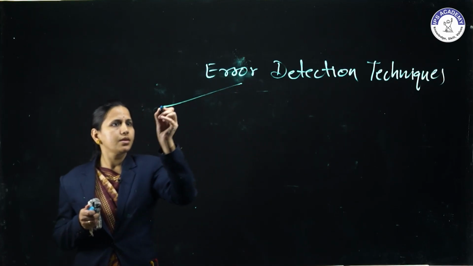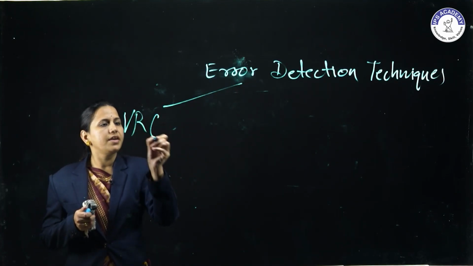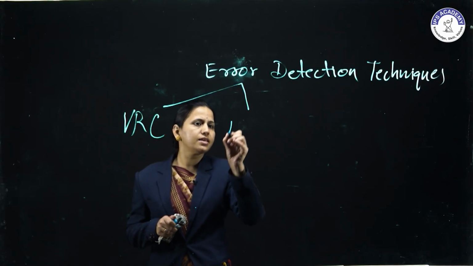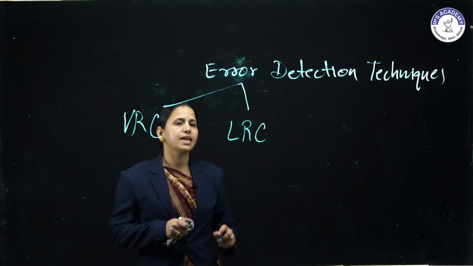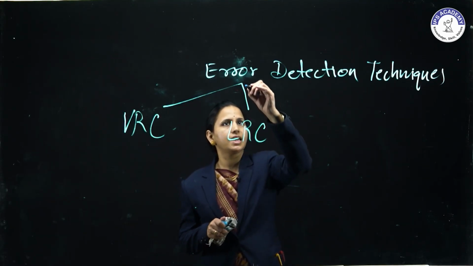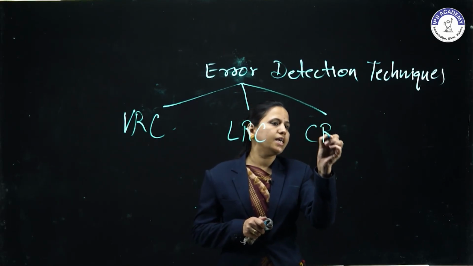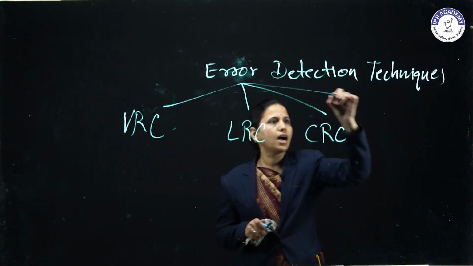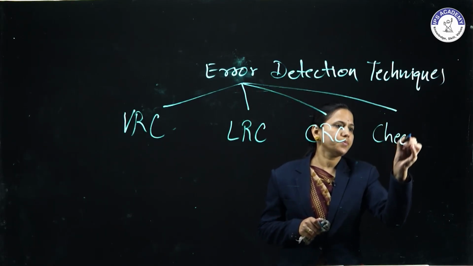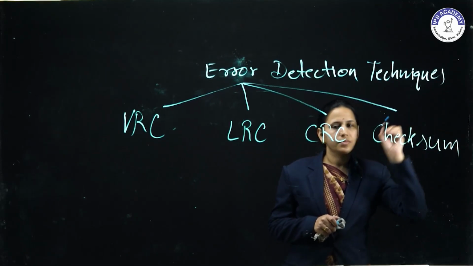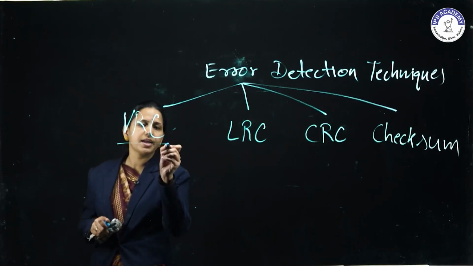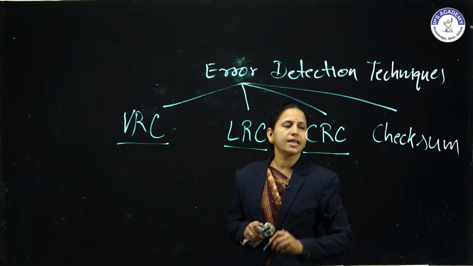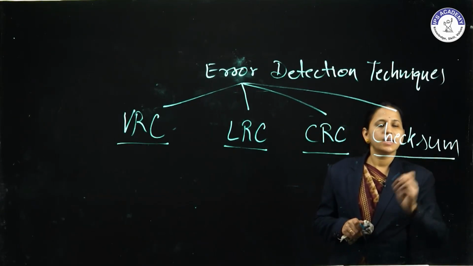One is VRC, which stands for vertical redundancy check. Second is LRC, longitudinal redundancy check. Next is CRC, cyclic redundancy check, and the last one is checksum.